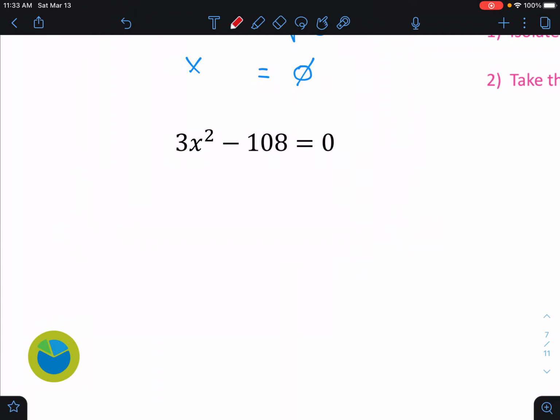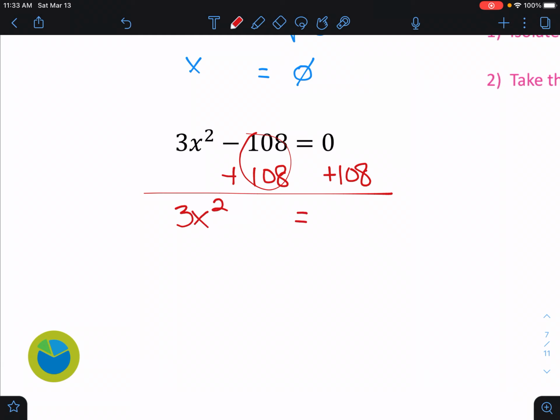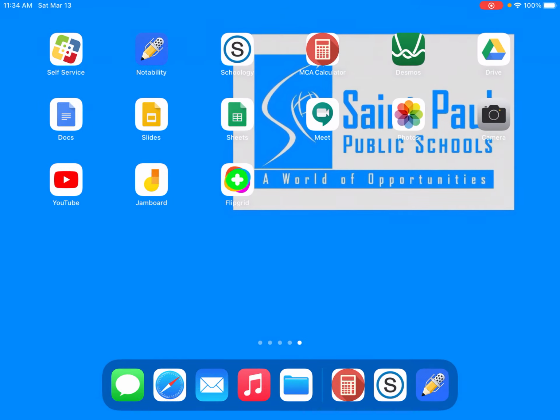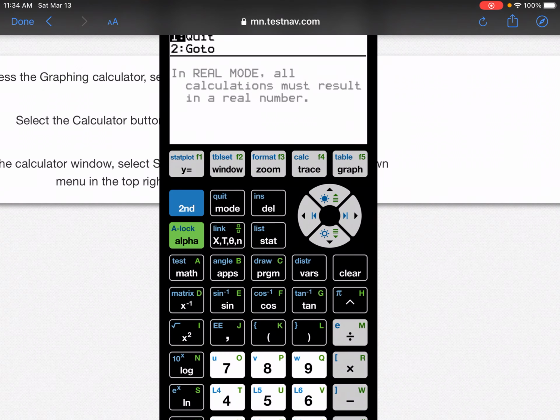Okay, so this one, I want to get the x squared by itself. So just like if I were solving a regular equation, I would need to get rid of this 108 first. So we would have 3x squared equals 108. Okay, and now I'm going to divide by 3 on both sides. So those cancel out. I get x squared equals, now I want to type that into my calculator, 108 divided by 3.